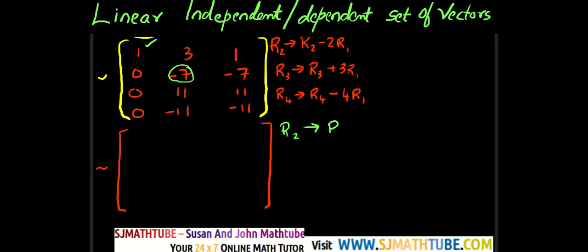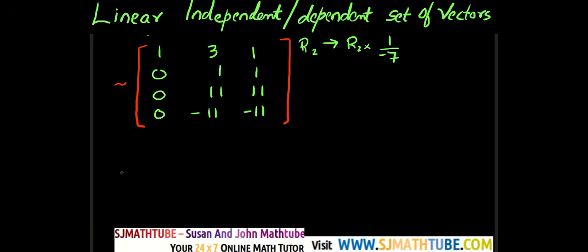R2 changes to R2 into 1 by minus 7. That gives 0, 1, 1; 0, 11, 11; and 0, minus 11, minus 11. The next step is to make all the elements beneath this 1 into zeros, and that's going to be really easy.